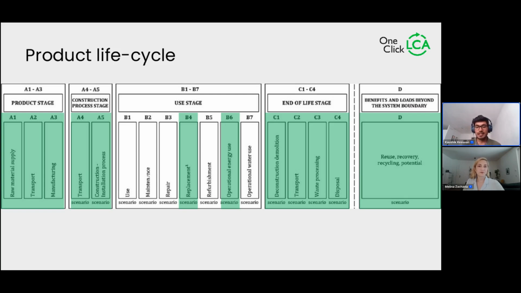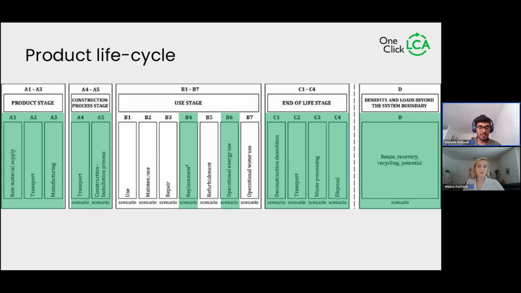So here I've highlighted B4 replacement and B6 operational energy. Replacement refers to all the parts that may go defective. In such cases, replacement is handy because, let's say the LEDs don't work after a few years, and since the lifetime is often 20 to 25 years, it's required to have the whole fixture working up to your efficiency.